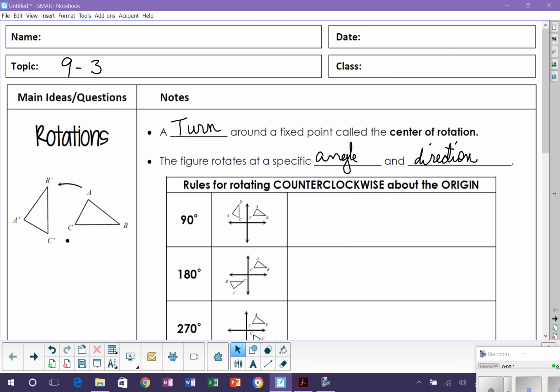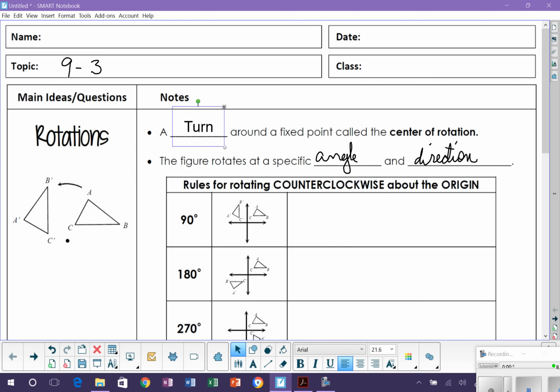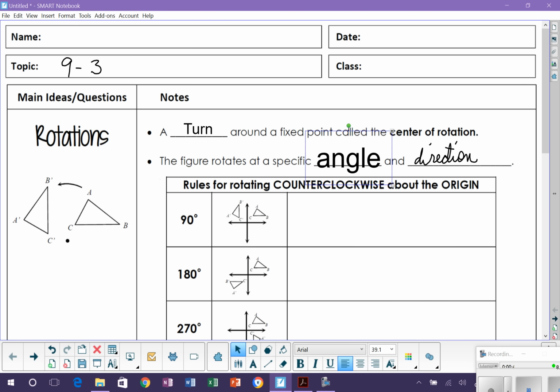Okay, let's change those so you guys can read them nicer. A little smaller.